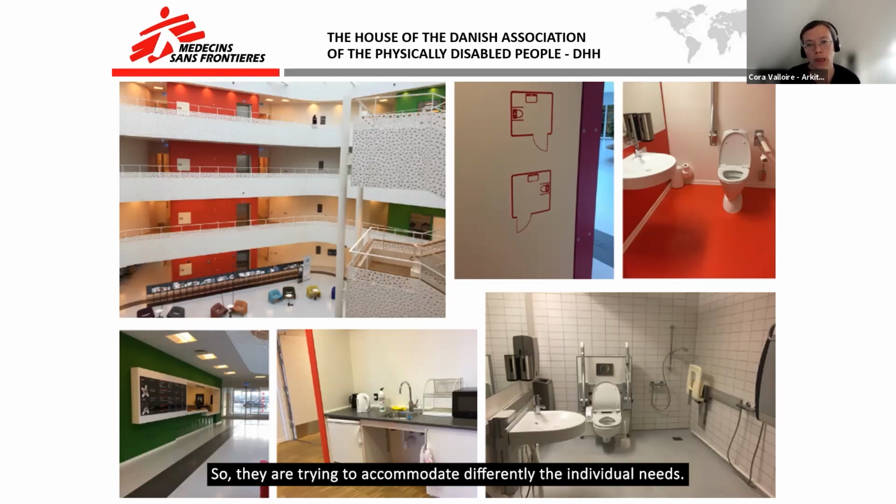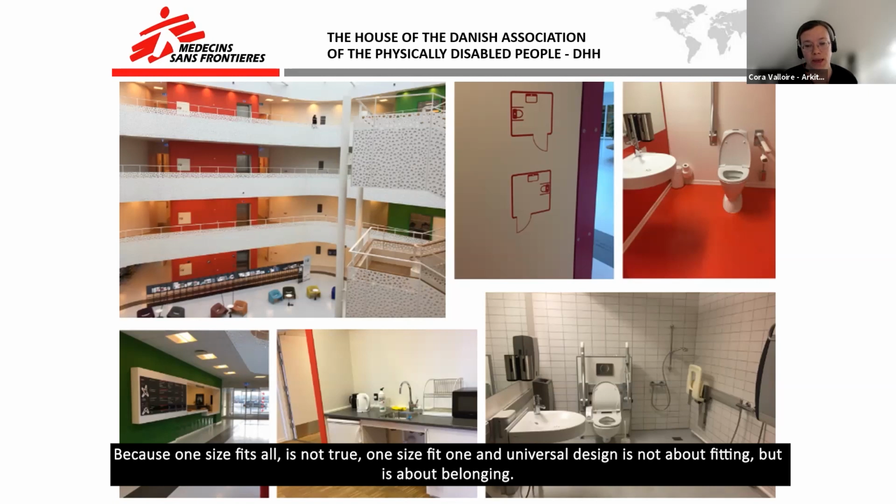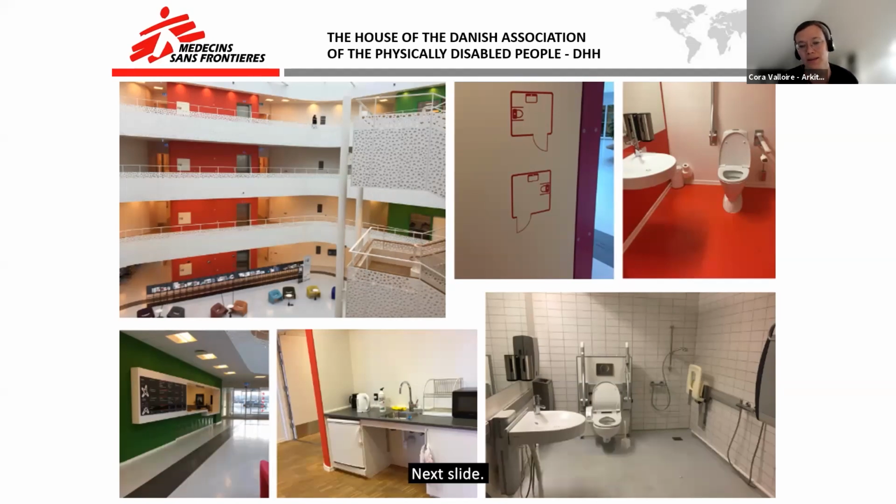So they are trying to accommodate different individual needs, because one size fits all is not true. One size fits one, and universal design is not about fitting, but about belonging. Next slide.